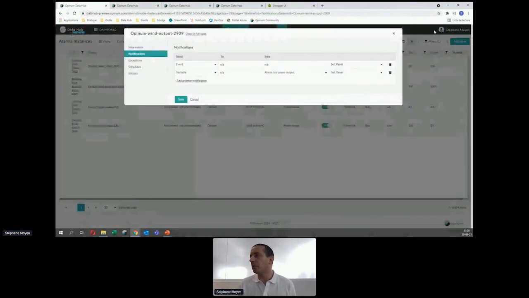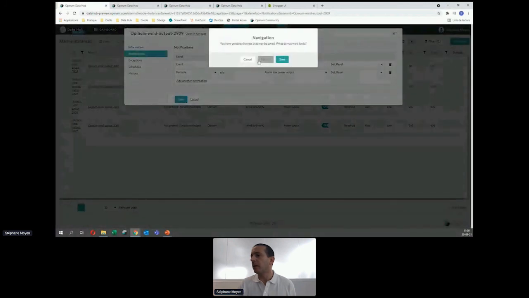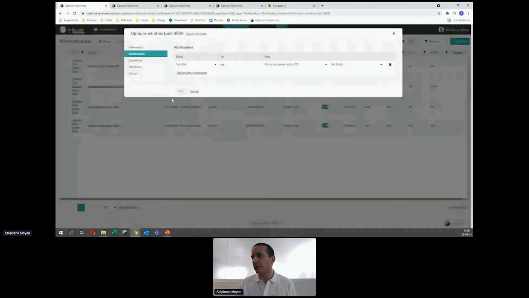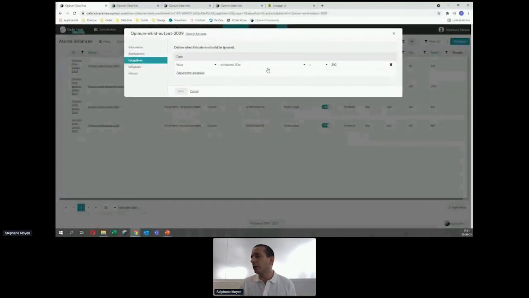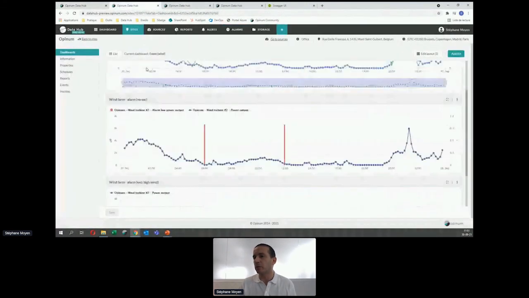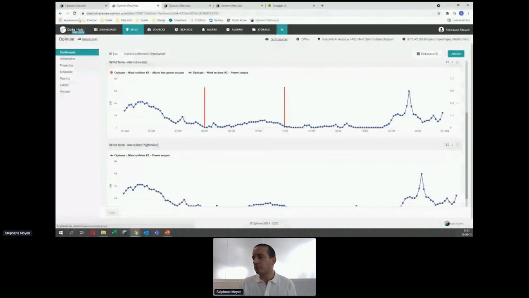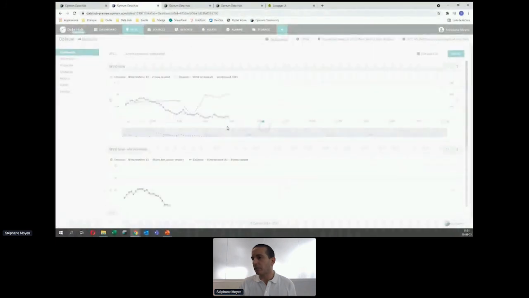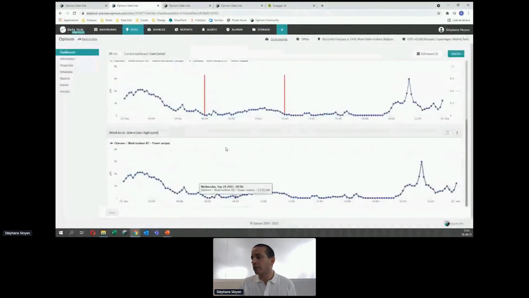I have set up another one at the same time, which is exactly the same as the other one, except I have put an exception, as we said before, on the wind speed being higher than 200 meters per second. In this case, it's being stored in another variable here.